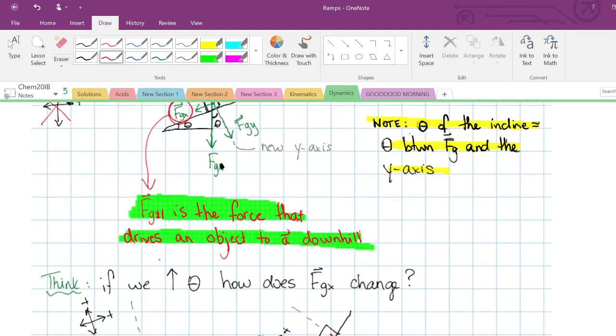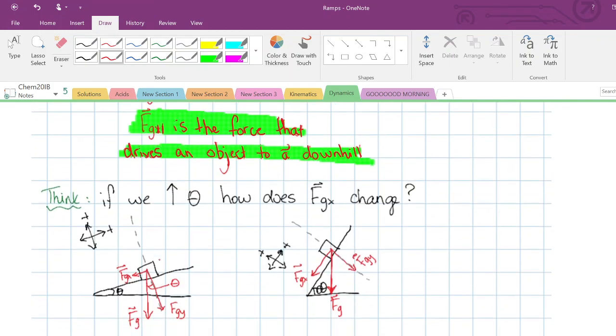Okay, so think about this. If we were to increase our force gravity, because you guys know if we had something at a very low incline, more than likely the object that's sitting there is not going to go anywhere. But if we raise the incline, all of a sudden that object starts to move. And the question is, well, why does that happen? Well, in this situation, if we look at our force gravity, we draw our perpendicular component, we draw our parallel component.